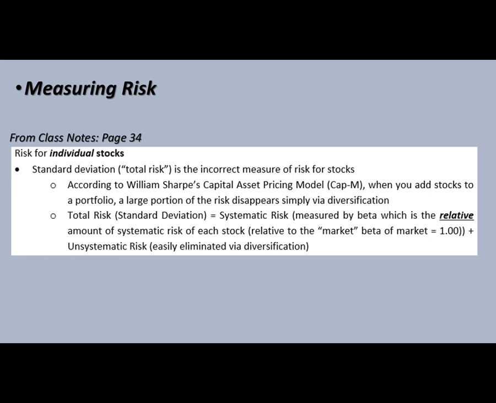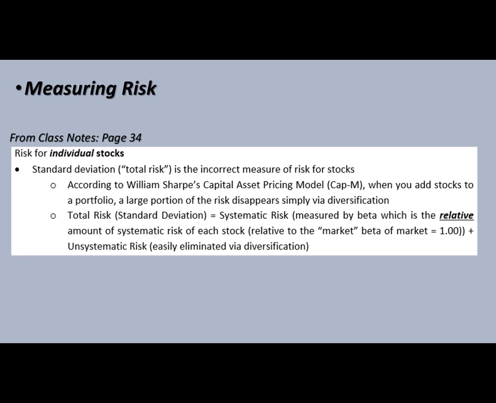Beta does not tell you how much systematic risk you have. It tells you your systematic risk versus the stock market. So if the stock market's beta is 1, and your beta is like Apple, 1.29, then that means you have 29% more systematic risk than the market. For that systematic risk part of your risk, you're 29% more risky.